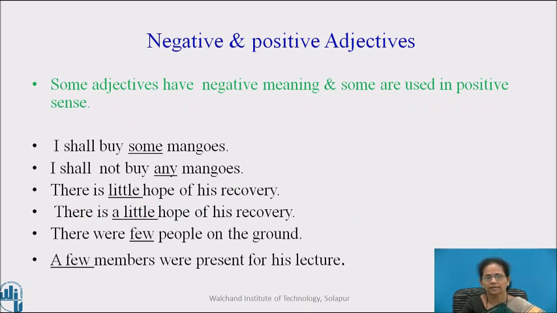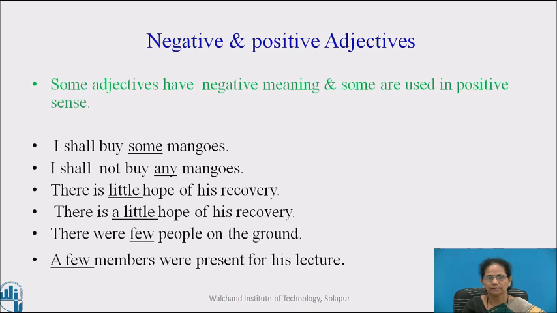There are some negative and positive adjectives. Some adjectives have a negative meaning and some are used in a positive sense. For example, I shall buy some mangoes. Some is used in a positive sense. And I shall not buy any mangoes. Any is used in a negative sense.